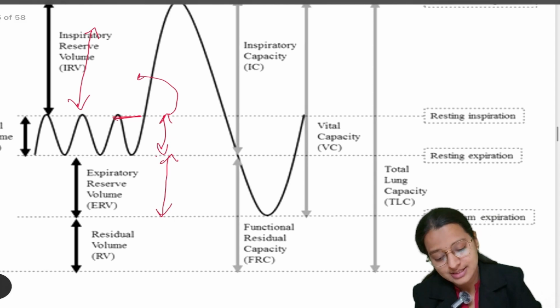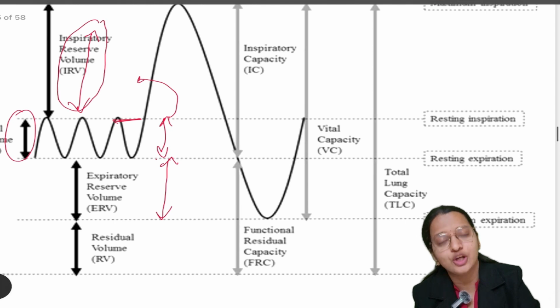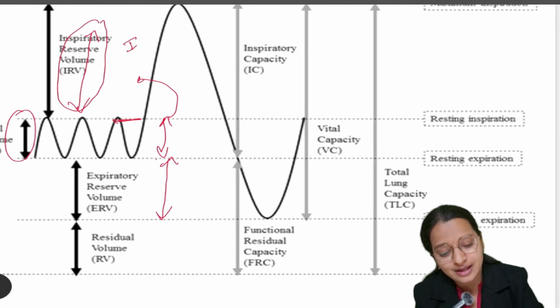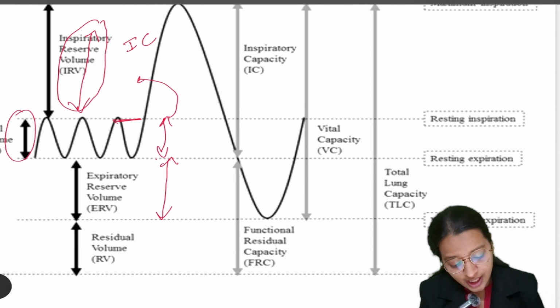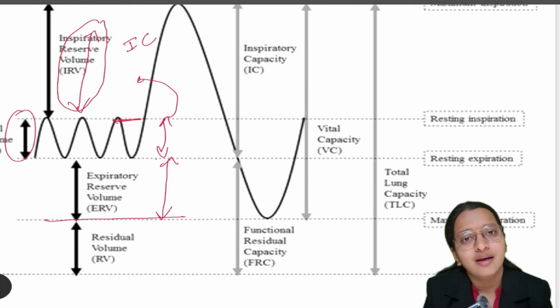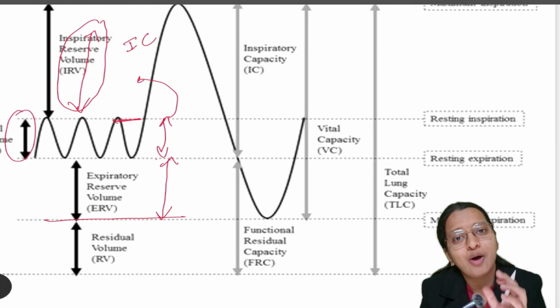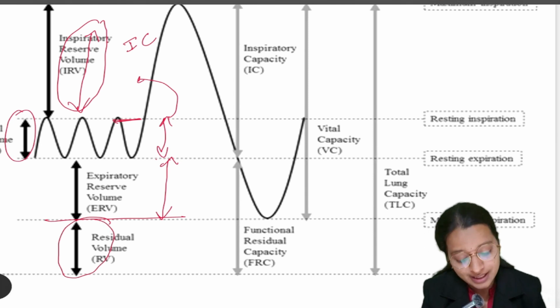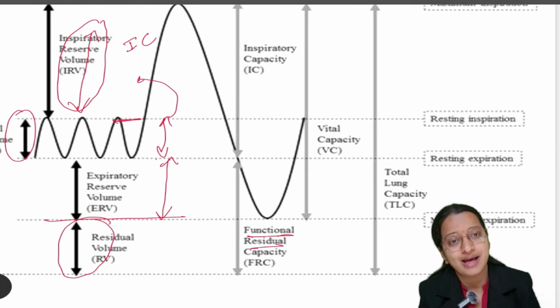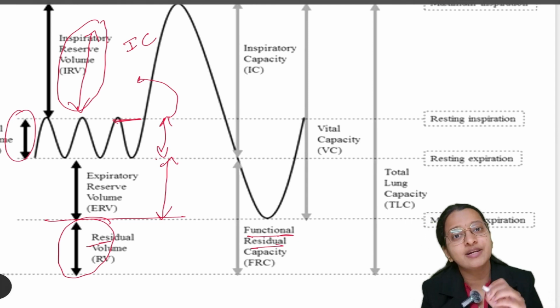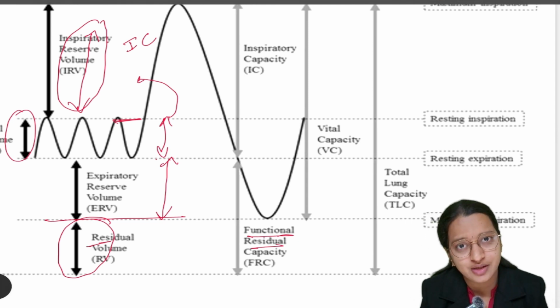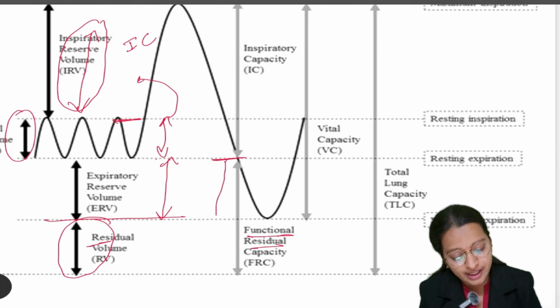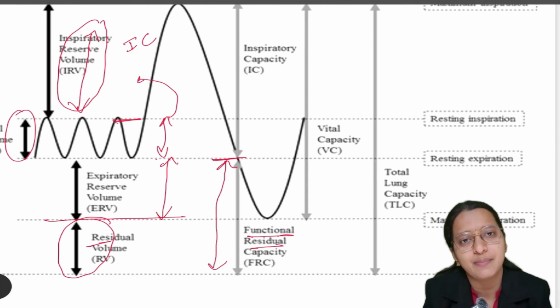If we combine this tidal volume with the inspiratory reserve volume, you will get inspiratory capacity. Okay. Now the patient has taken the maximum exhalation. Still, some amount of air would remain in the lungs, that would be residual volume. Okay, please note the difference between functional residual capacity and residual volume. If it is a tidal volume expiration, then the amount remaining in the lungs would be functional residual capacity.